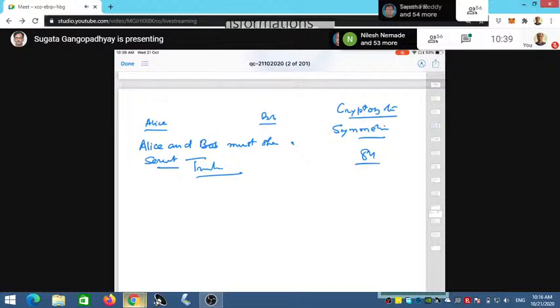Now, how do they propose to do that? This is an algorithm to do that. It's a protocol to do that. It's a key exchange protocol.